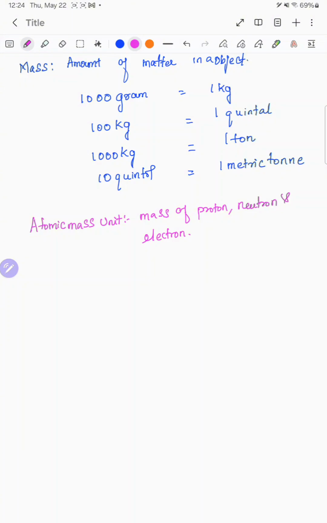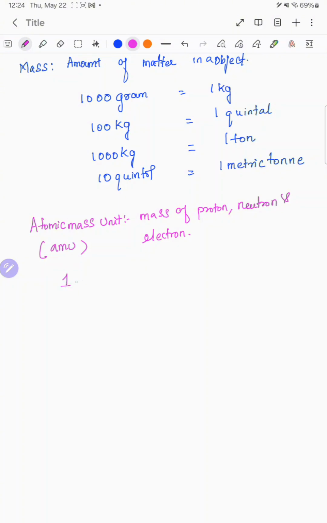So it can be defined by the letters small a, small m, small u. No space in between, so don't leave spaces. a, m, u. This is the symbol of notation.